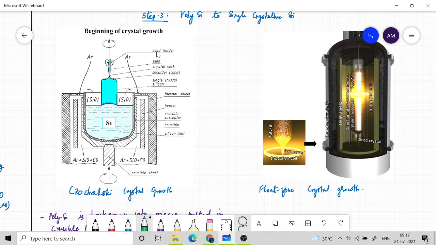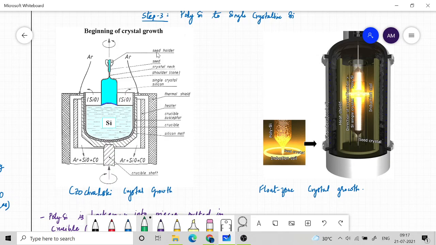The seed material is inserted into the molten silicon. You can't say polysilicon because it is melted, so it is molten silicon. From the top you introduce the seed, dip it in, and then you pull it very gradually, at a rate of some millimeters per hour.